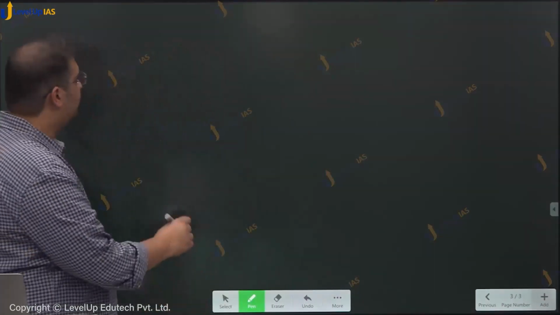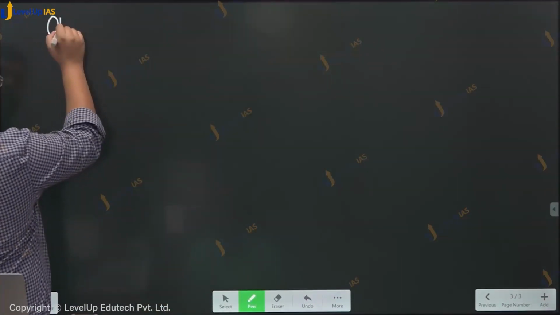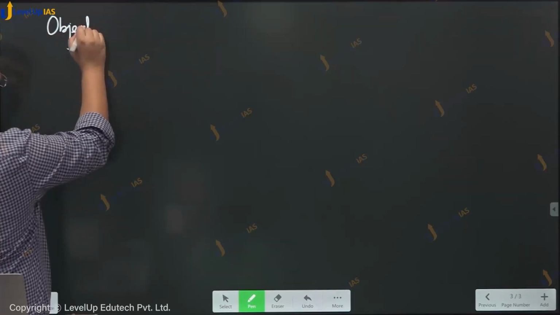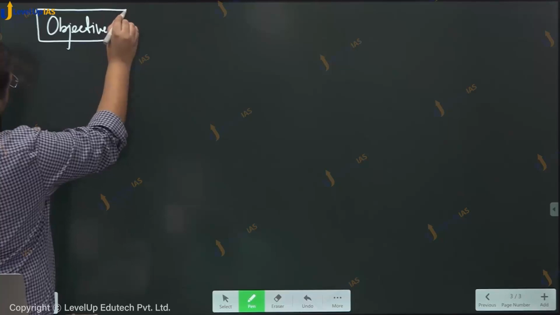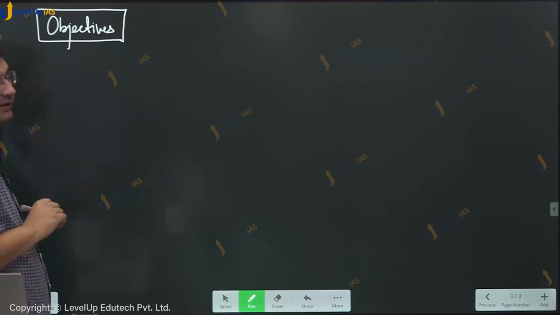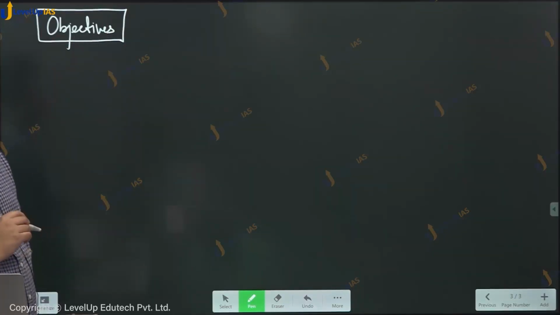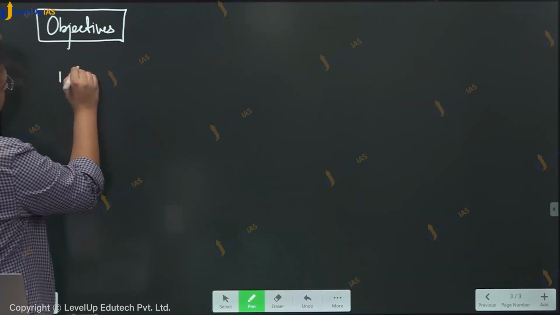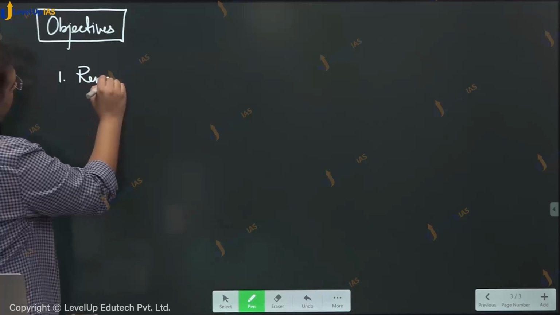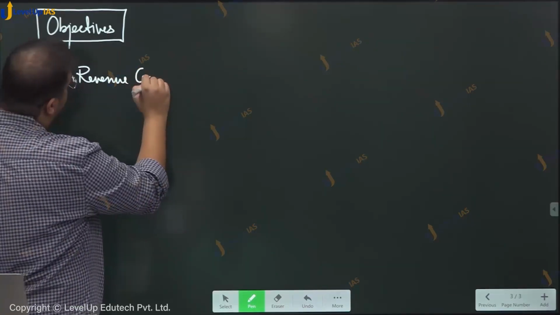What were the objectives that the Iqta system was introduced to fulfill? क्या क्या objectives थे? Number one, revenue centralization.